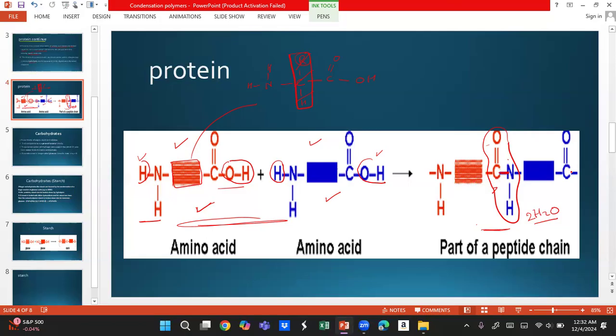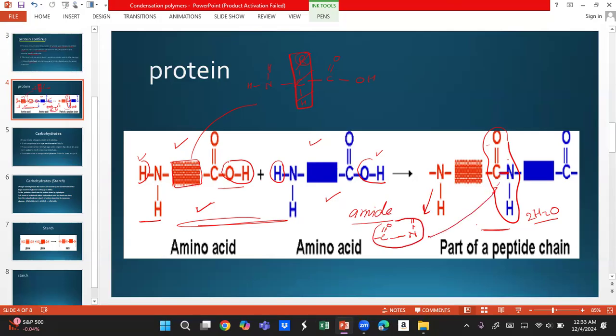Hope you understand. So what is the linkage? That is known as the amide linkage. The amide linkage is between carbon and nitrogen: carbon from the carboxylic group, nitrogen from the amino group.